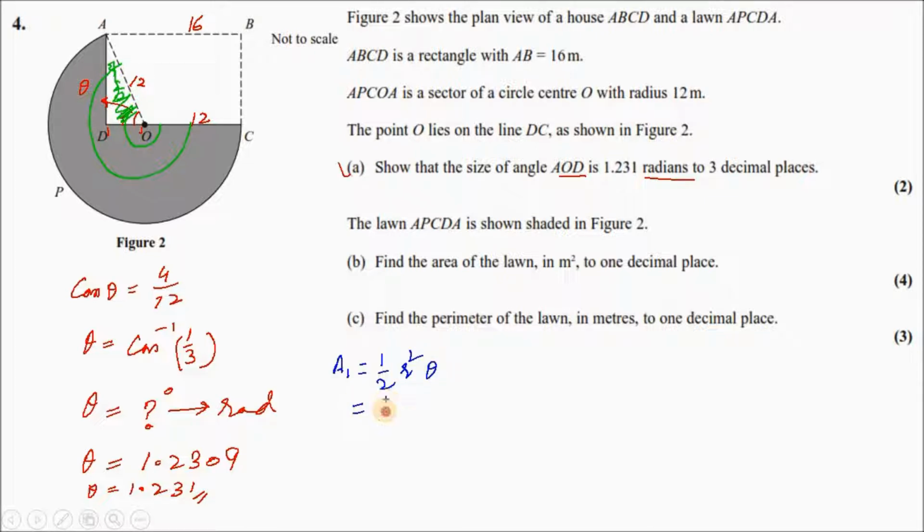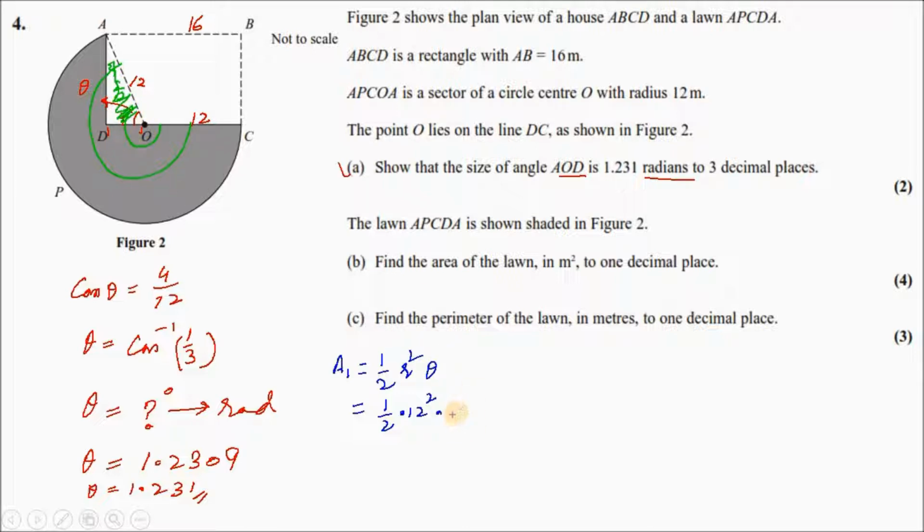In this case, r is the radius, which is 12, squared, times theta. This theta is the angle of the sector, and it is the total angle including the angle of the triangle.